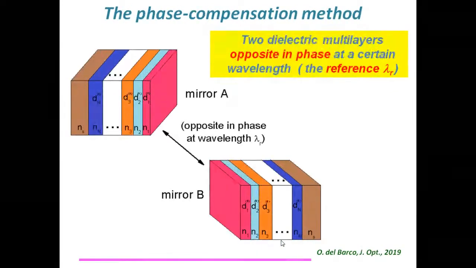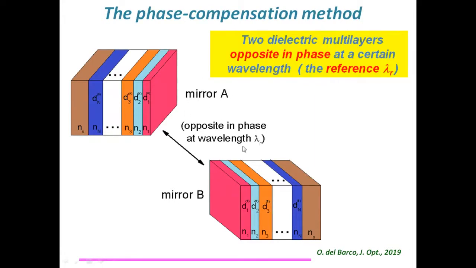So this is the phase compensation method, which is a bit complicated, but I'm going to summarize it as well as I can. Here we have two dielectric multilayers that are opposite in phase at a certain wavelength, the so-called reference wavelength lambda R. Here we call it mirror A. Here we have different multilayers with different N1, N2, N3, and this is the substrate with different thicknesses.